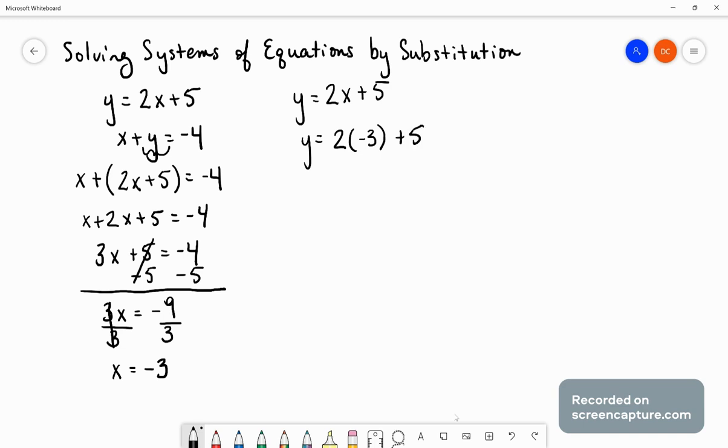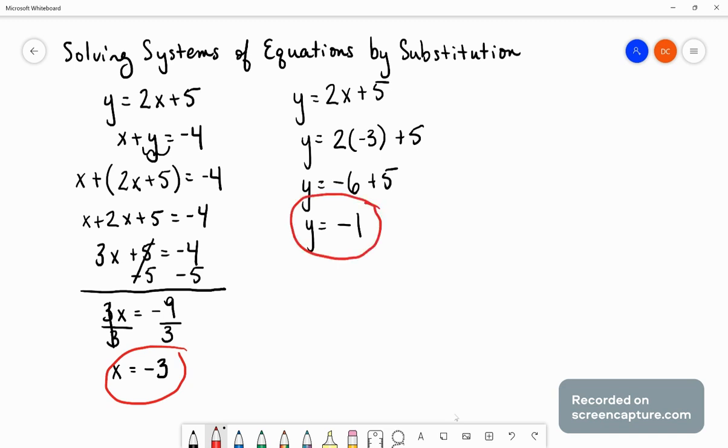And now, again, we're just using our math skills. 2 times -3 is -6 plus 5. So y equals -6 plus 5, which gives me -1. Now we have x equals -3 and y equals -1.